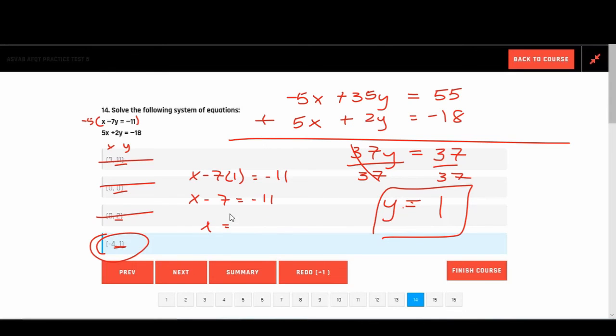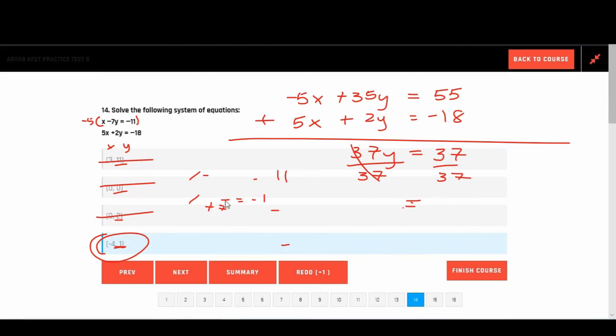X equals, and we're going to add 7 to both sides to get rid of it. This crosses out. X equals negative 11 plus 7, which is just negative 4. So I know if I were to place the solution as an ordered pair, it'd be negative 4, 1. Okay? So that's how you solve those.